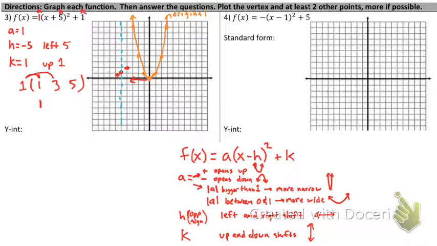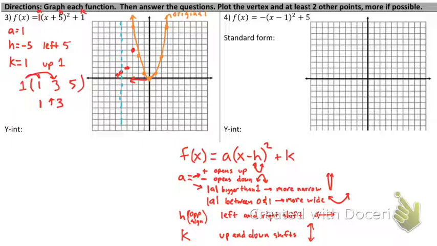Now the next number tells you how to move from this new dot. So let's multiply with the A value. What's 1 times 3? It's still 3. So from our next dot, we're going to move up 3. So from here, over 1 again, and now we're moving up 3. 1, 2, 3, and there's our new dot.